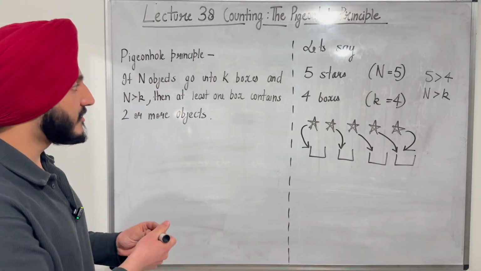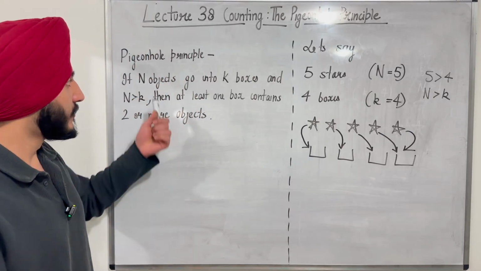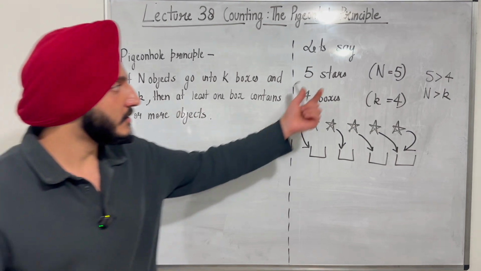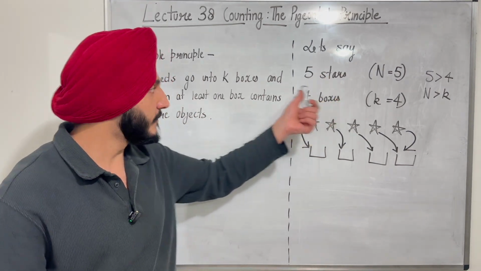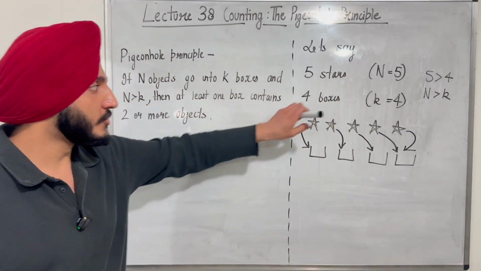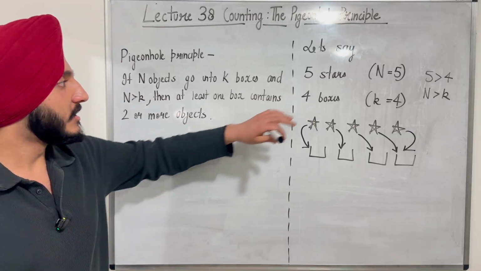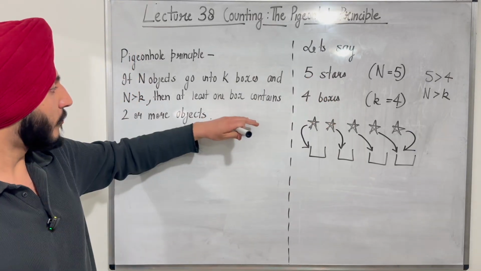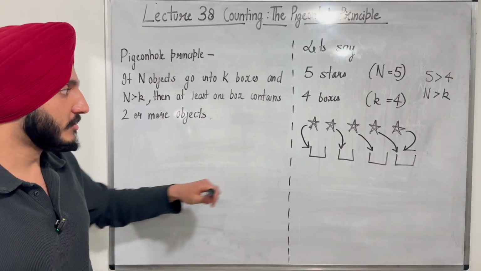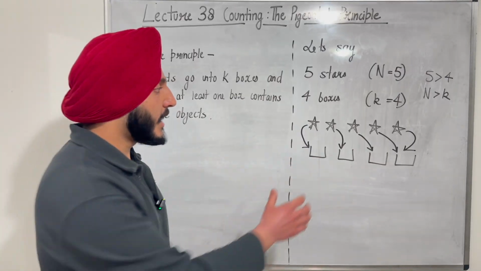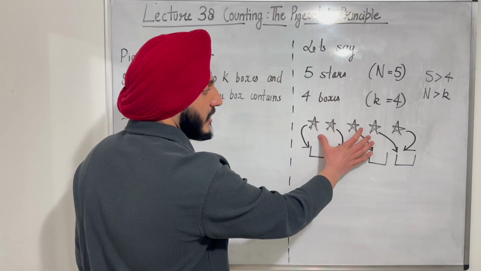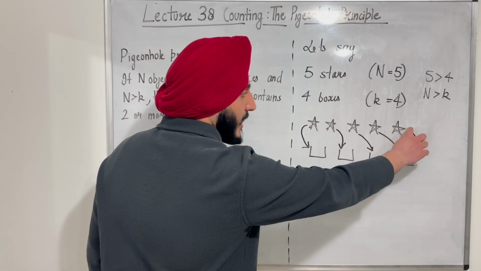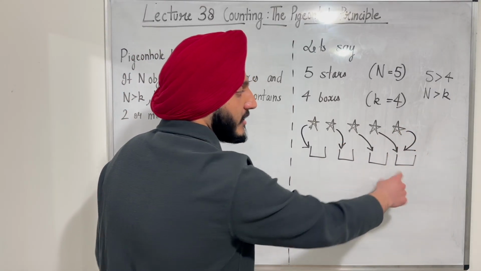And that's pretty much exactly what the principle is saying. It's saying if you have n objects, which in our case is 5 stars, that go into k boxes, so we have 4 boxes, and the value of our stars is greater than the value of the boxes, then at least one box contains 2 or more objects. So in our case too, I could give the 4 boxes in the beginning their individual stars, but then I had one more star left, so I had to put it in the last box.